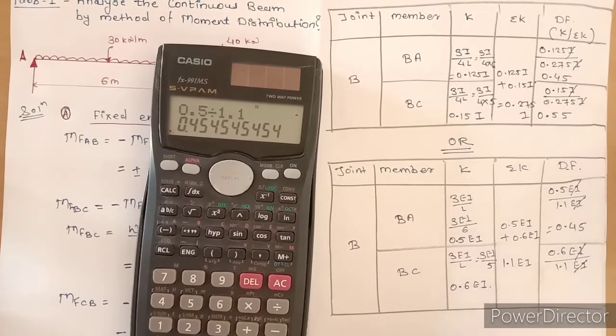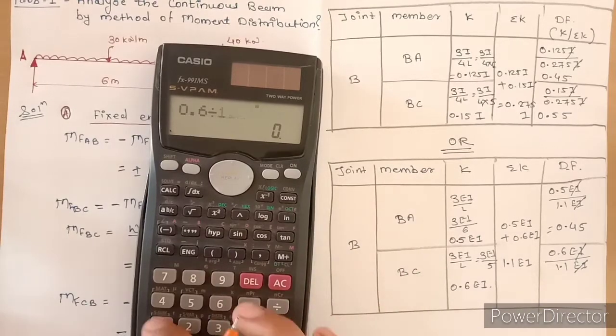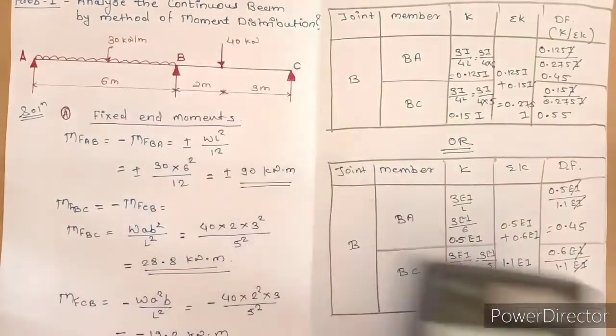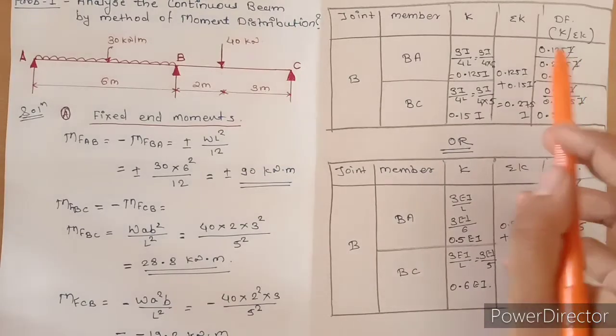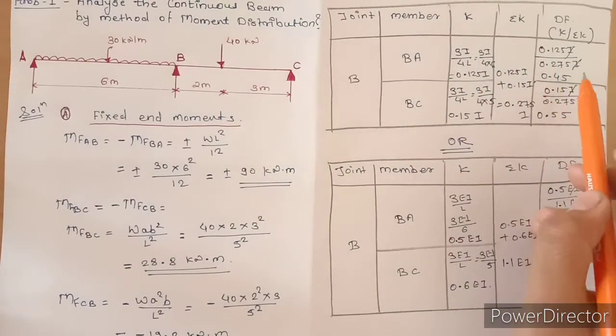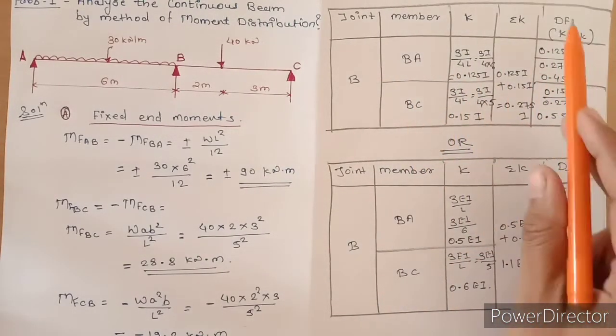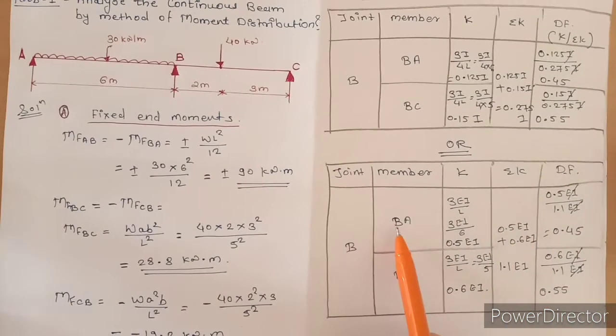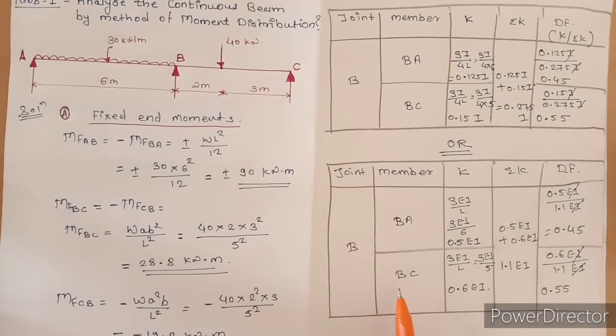Same, EI gets cancelled, then 0.6 divided by 1.1 is 0.55. So you can see that in the first method the distribution factor for member BA is 0.45 and for BC it is 0.55. Same in the second method: 0.45 for BA and 0.55 for BC. These are our distribution factors for members BA and BC.